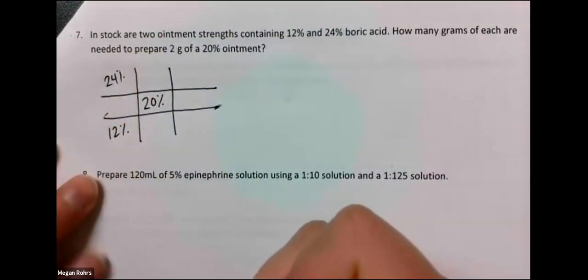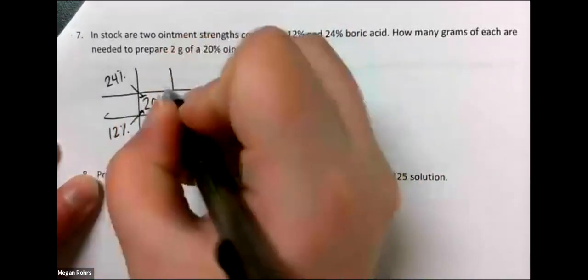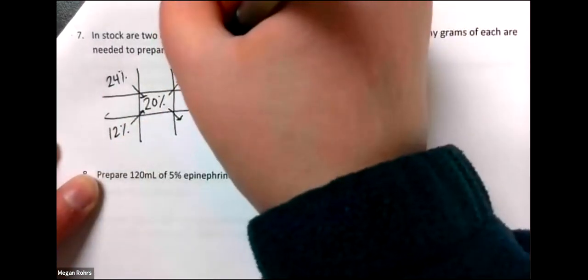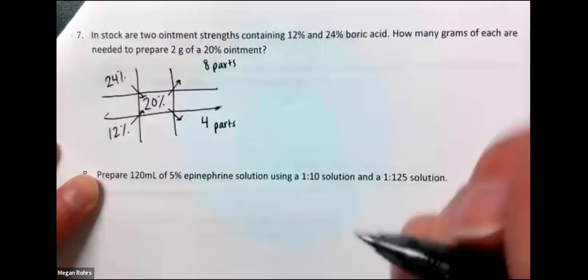Now we're going to subtract diagonally. So 24 minus 20 leaves us with 4 parts here. And then 20 minus 12 this way leaves us with 8 parts here.